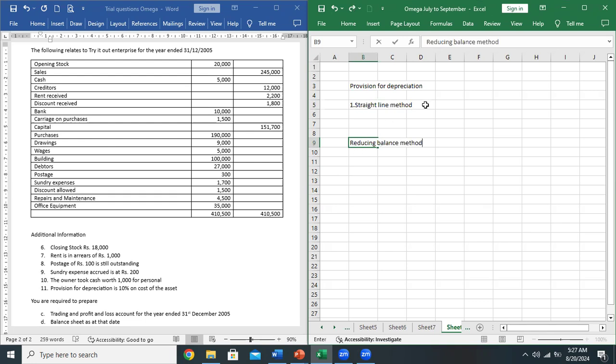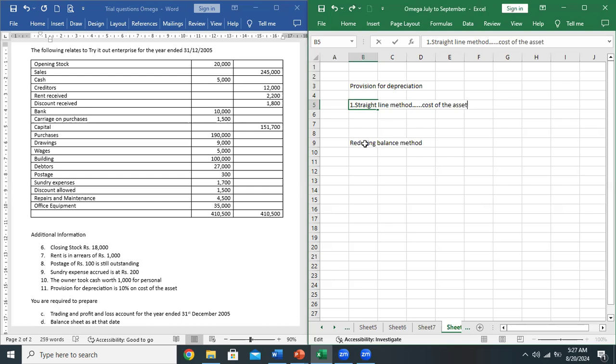Now, for the straight line method, this is how you calculate the depreciation. You multiply the rate given on the cost of the asset. The question will tell you whether it's straight line or reducing balance.